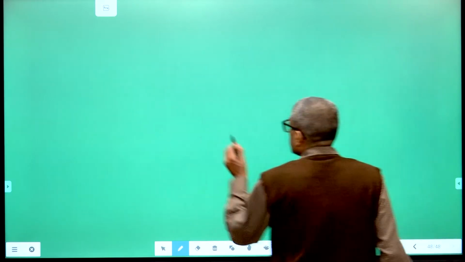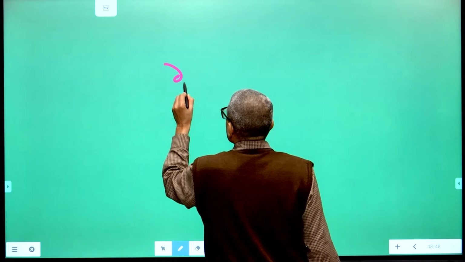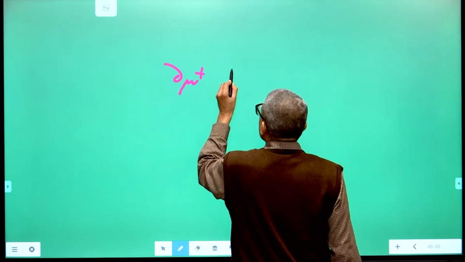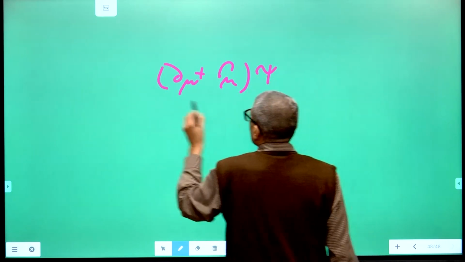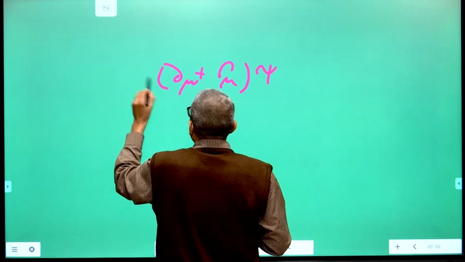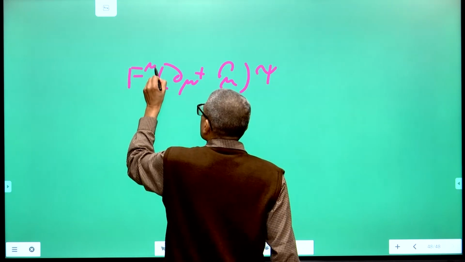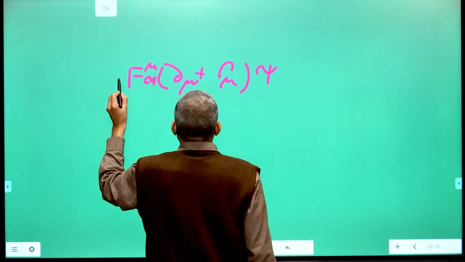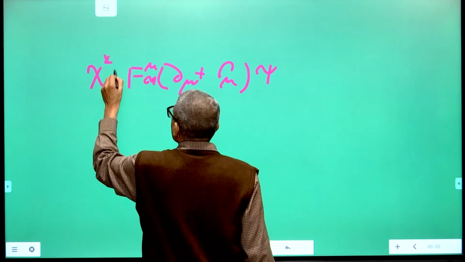So from these two equations you can easily deduce the current conservation law. It's just a simple idea. Suppose you have something like dou mu plus some gamma mu acting on psi, and you have some vector field f mu of x, and a matrix, and you have chi star of x.